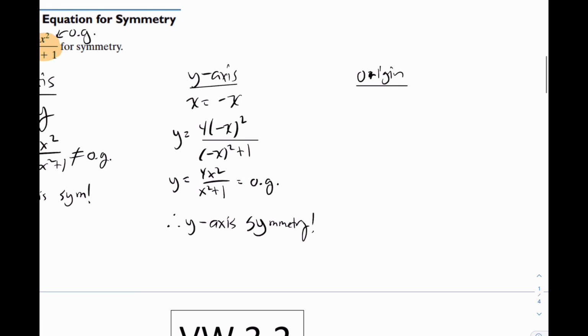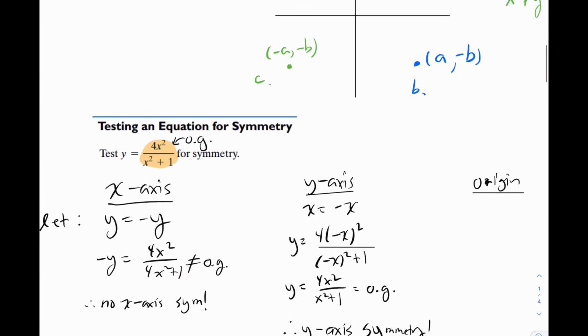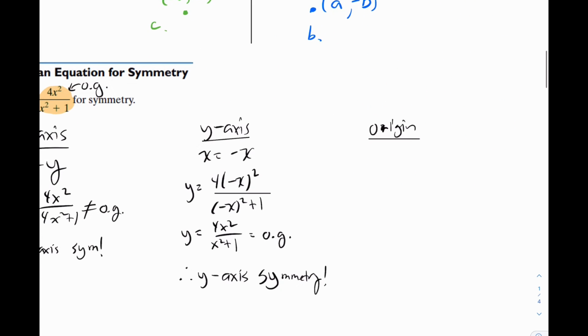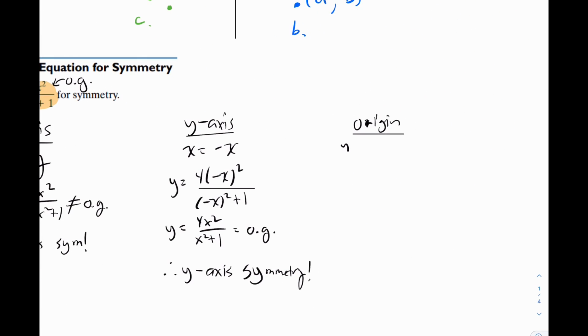And for the last one, origin, if you recall what we did here, we're reflecting over both x and y. So for origin, we're going to let y equal negative y and x equal negative x. So you just put the two tests together. Negative y is equal to 4 times negative x squared over negative x squared plus 1.